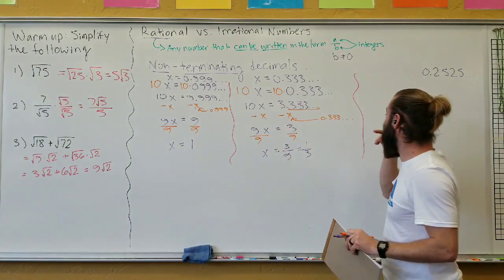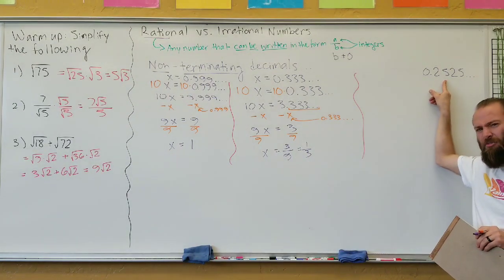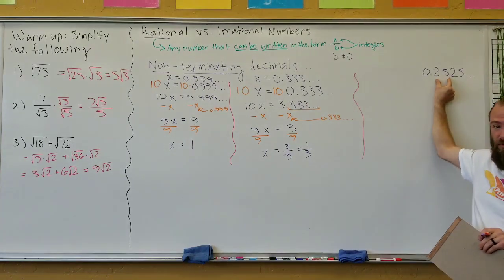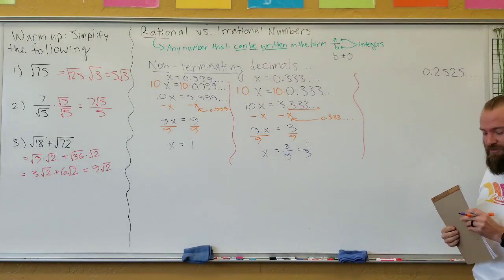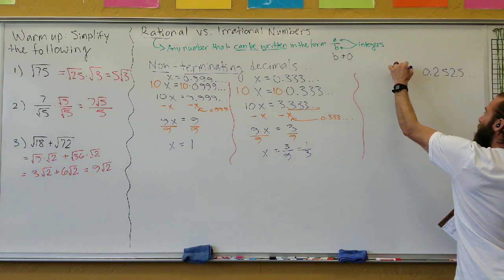Let's look at this last one here, okay? Now, we still have a pattern. You notice the pattern? Instead of just the same number repeating itself, it's two numbers repeating themselves. So 0.25252525 forever. Well, we're going to set it up the same way, but our initial step will be a little bit different.